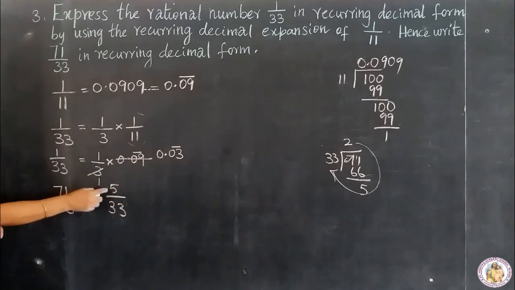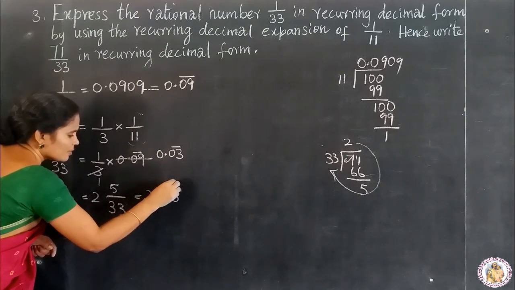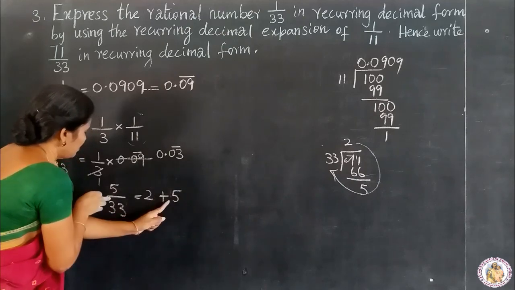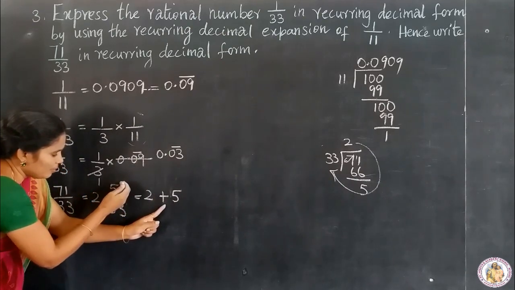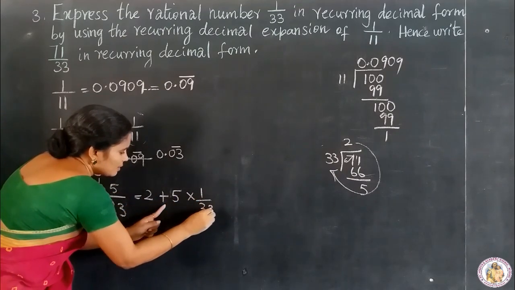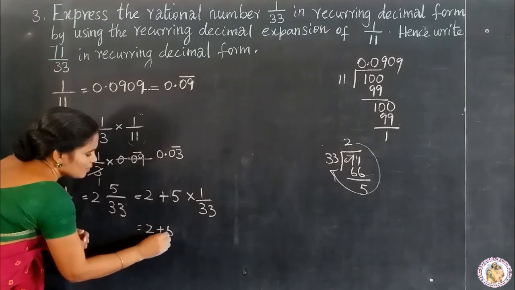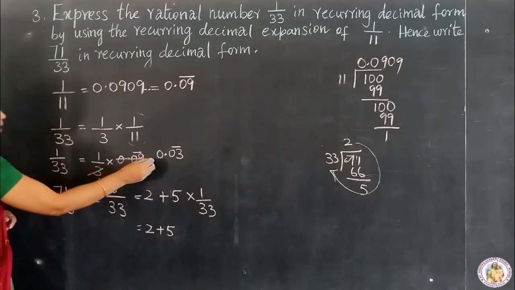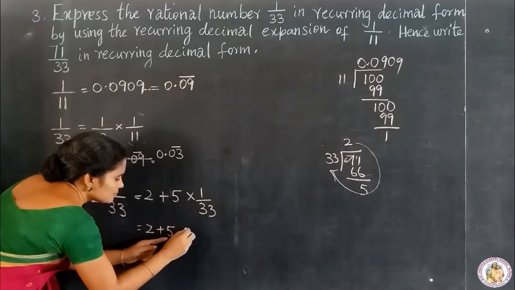So 2 5 by 33 write as 2 plus 5 within bracket. So if you remove 5 you will be having 1 by 33. So 2 plus 5 into 1 by 33. For 1 by 33, already we have found 0.03.